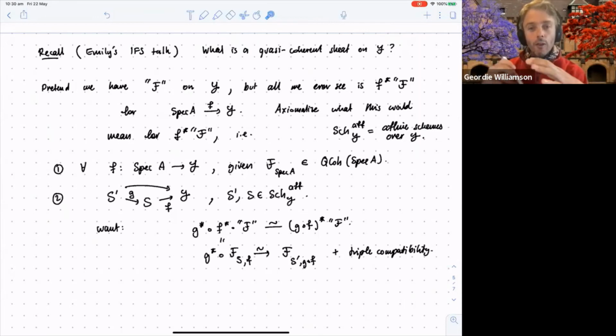So actually, if we want to give a coherent sheaf on a stack, we would probably just take some small cover and write out these compatibility conditions explicitly. But it's also very useful to have this holistic point of view in mind. So we define.